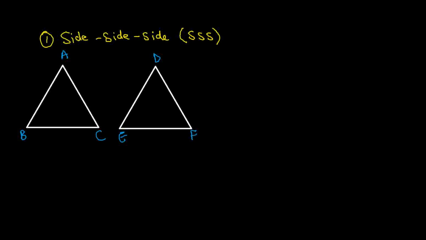We are required to prove that triangle ABC is congruent. This is the symbol that we use for congruency. It looks like an equal sign, but instead of having 2 bars, it has 3 bars. The triangle ABC, the triangle on the left, is congruent. It's exactly the same. It's identical to the triangle on the right, that is triangle DEF.